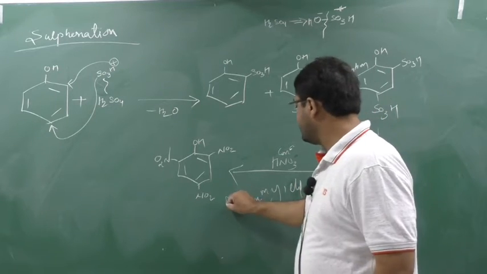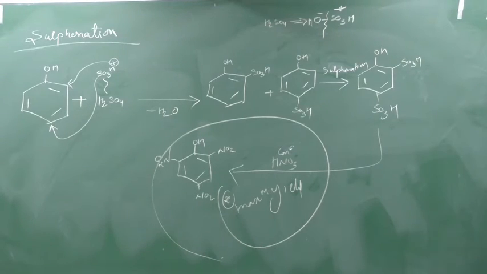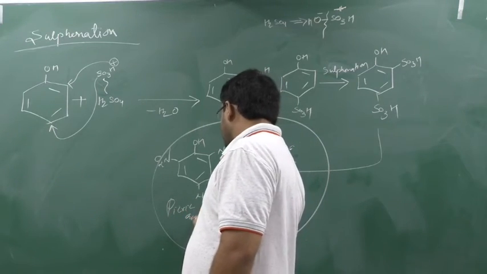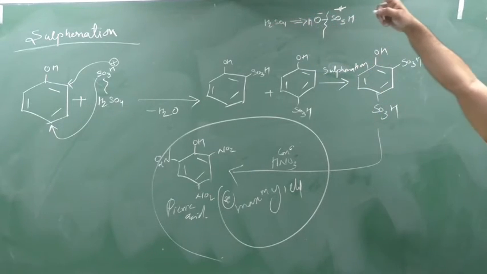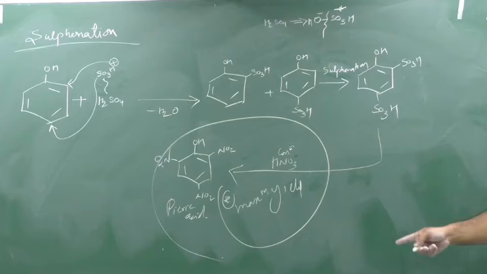This is very important, a simple shortcut you have to remember. Picric acid is nothing but 2,4,6-trinitrophenol. So picric acid can be formed by nitration, as we saw last class, and also by the sulfonation technique.